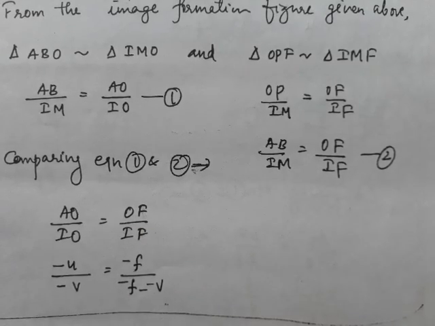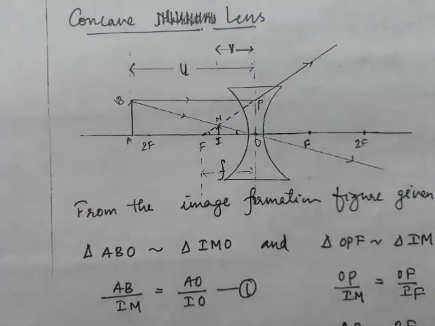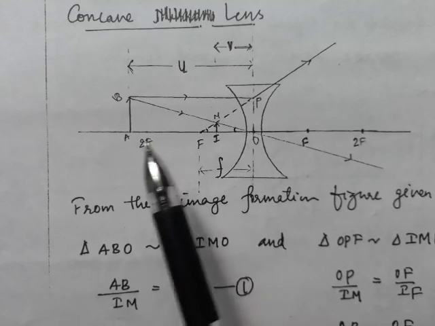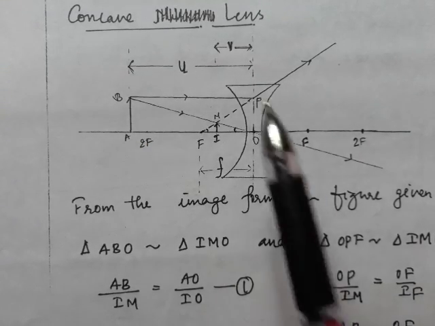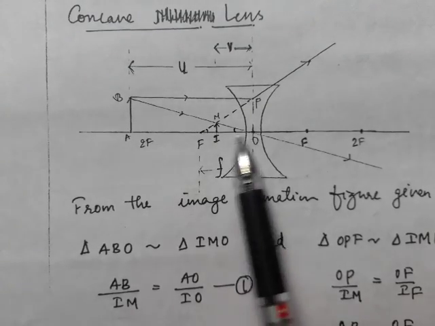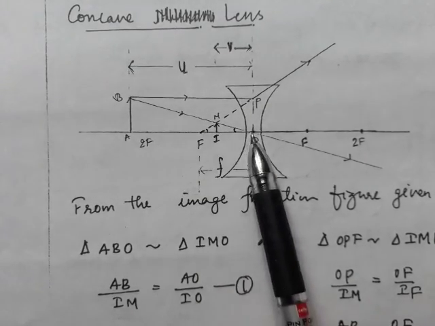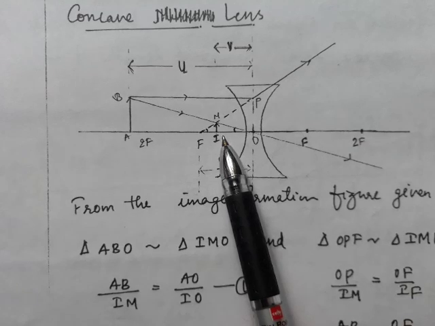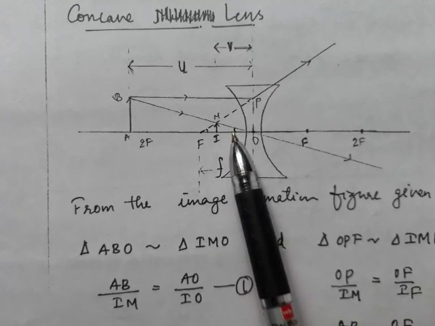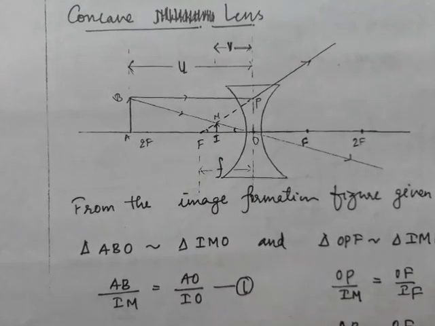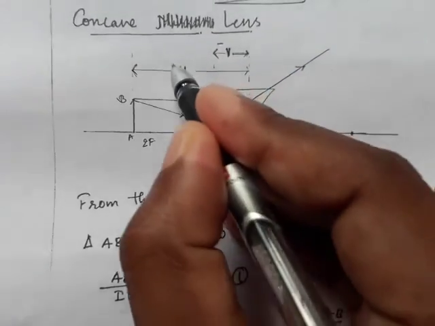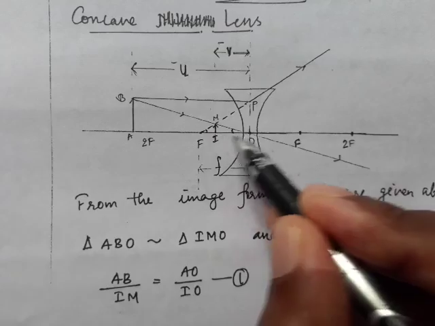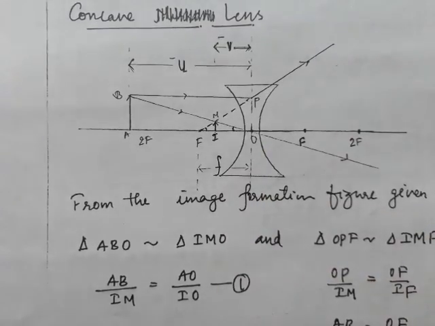As in the previous case, AO is the object distance, minus U, and IO is the image distance. This time this is also negative because it's on the left side. So this is V, but it is also negative. This length is V, the image distance, that's also negative.